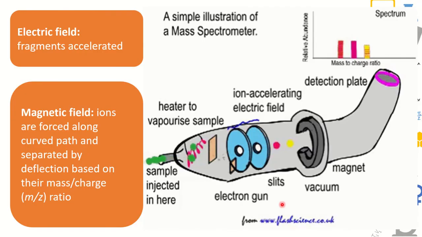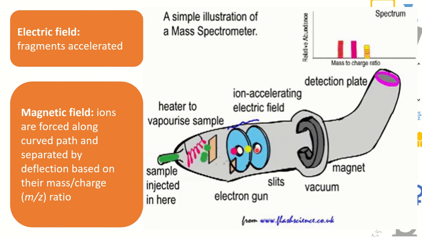Alright, so the next bit is, why do we want to ionize these components? Because ionized charged particles will interact with electric fields and magnetic fields. We have these little electric fields here. Once things are ionized, these electric fields will accelerate them because of electrostatic force.